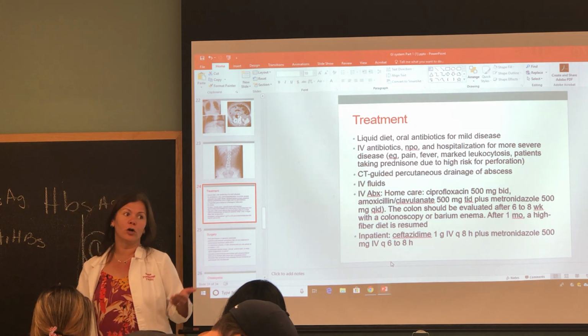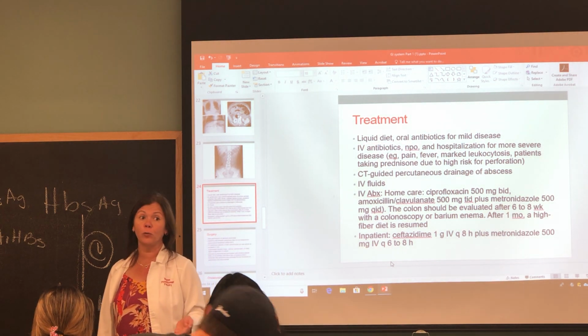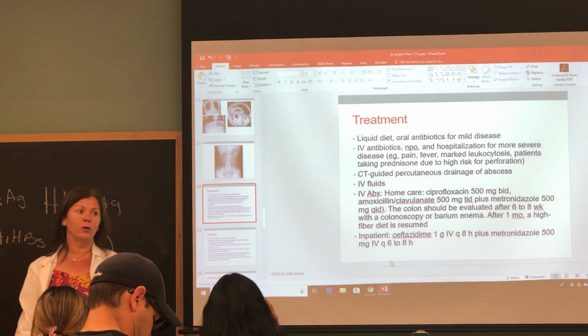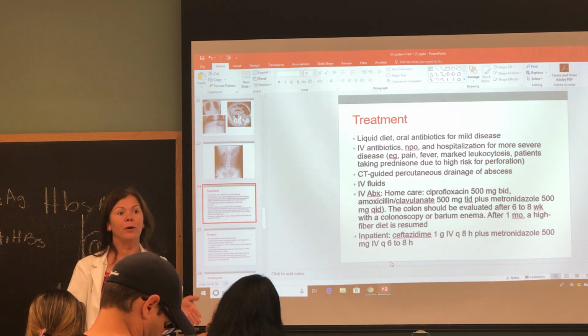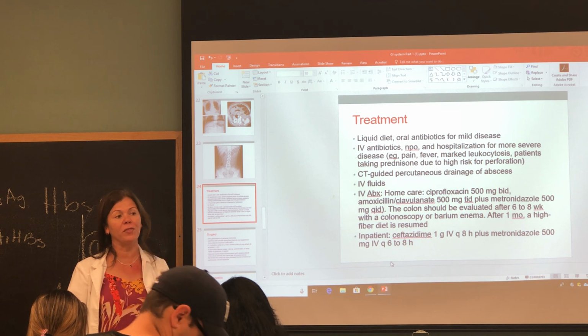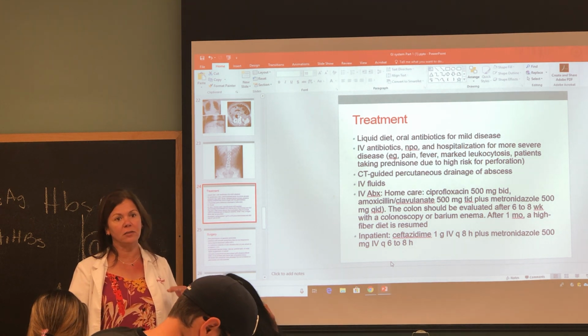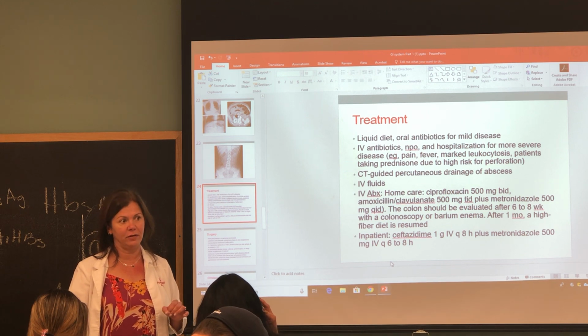But actually what covers the best is Rocephin, which is a third generation cephalosporin, or fourth generation cephalosporin, which is cefepime. But always, always, always have in mind that you have to combine these patients with either metronidazole, IV of course, or clindamycin, IV. Okay?